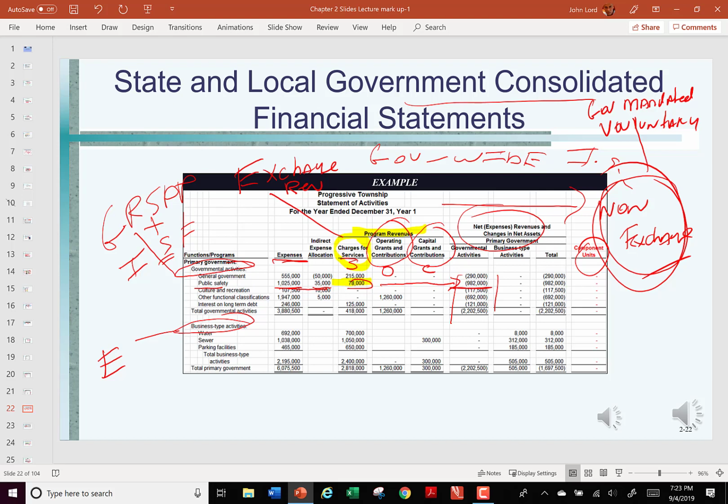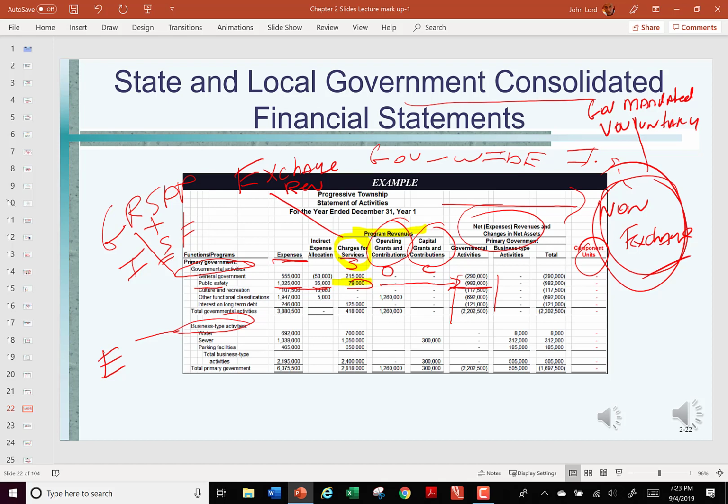Now, let's take a look. We have our primary government. We have component units. So this is like the income statement, right? We have something called governmental activities, something called business type activities, don't we?